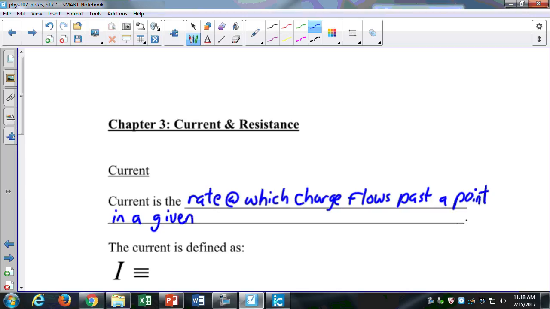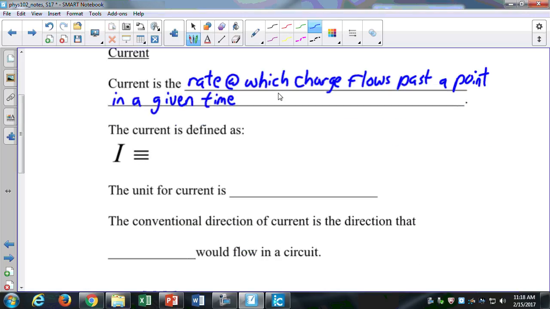Generally, when we say a rate, we're usually talking about a time rate. Not always, but most of the time. And so we define this current as Q divided by T. I look in a wire, and I look at a particular point, and I ask myself, how many electrons are moving past this point in a given amount of time? And that is our current.